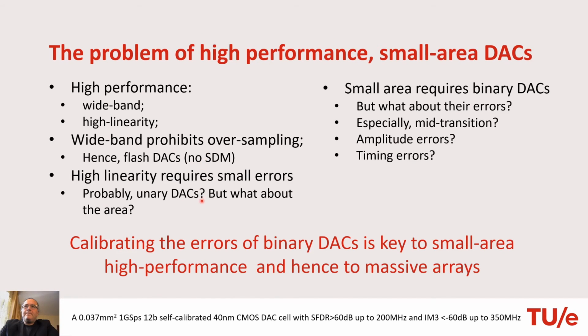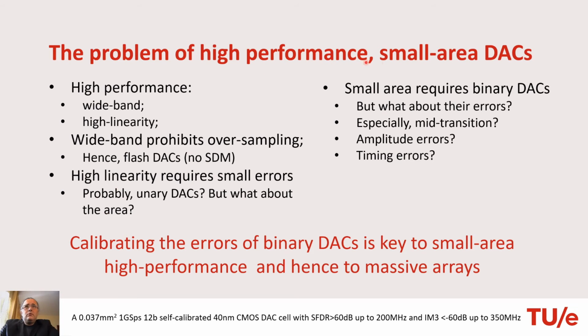And now the other requirement, high linearity. High linearity actually requires small errors. So if we think in D2A converters about small errors, we think immediately about unary architectures. The problem there is of course the area.